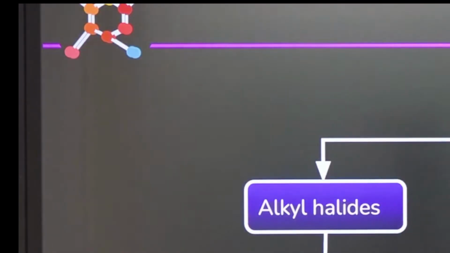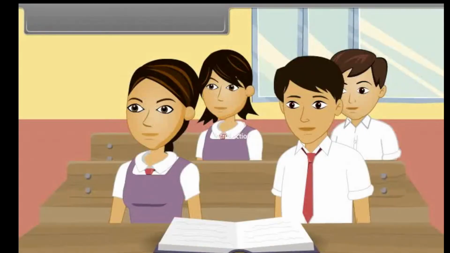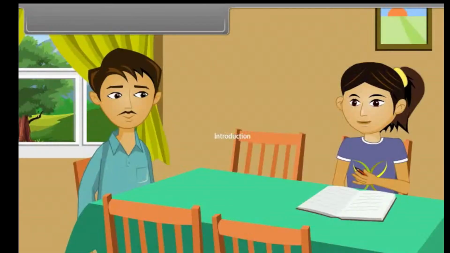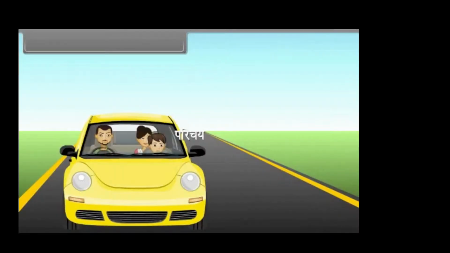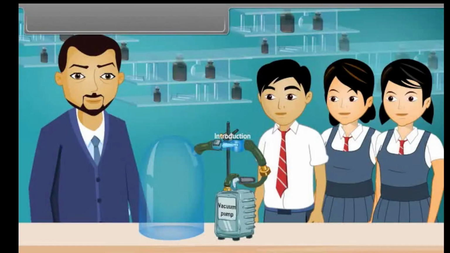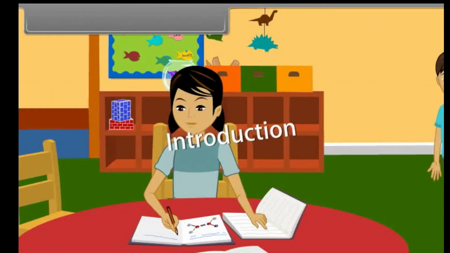Introduction. So mono, di, tri, tetra is clear, everyone? 1, 2. Introduction. परिचय. कल रॉय बहुत. Introduction. Introduction.